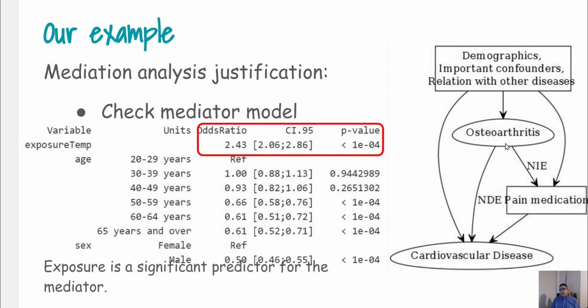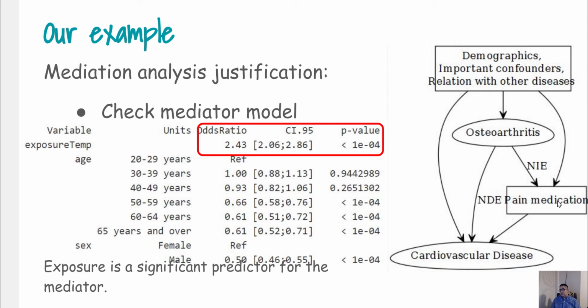I don't mean that you have to have a significant relationship between osteoarthritis and pain medication, but you have to justify that pain medication is probably mediating parts of the relationship, right?